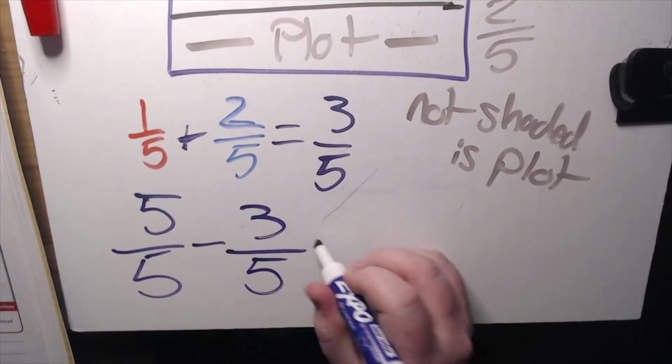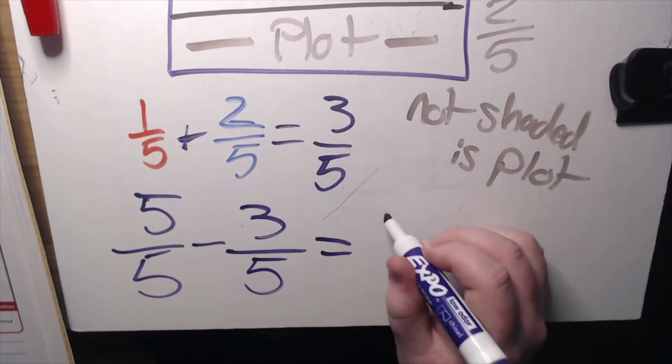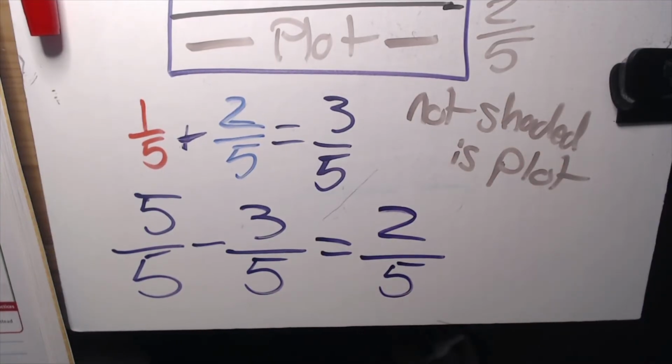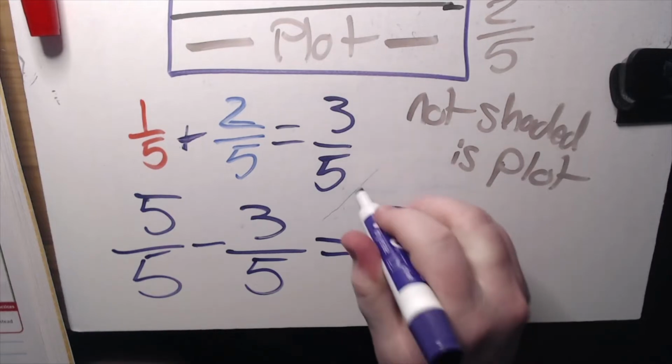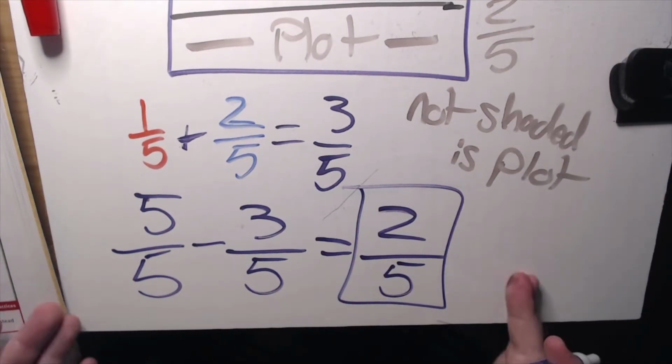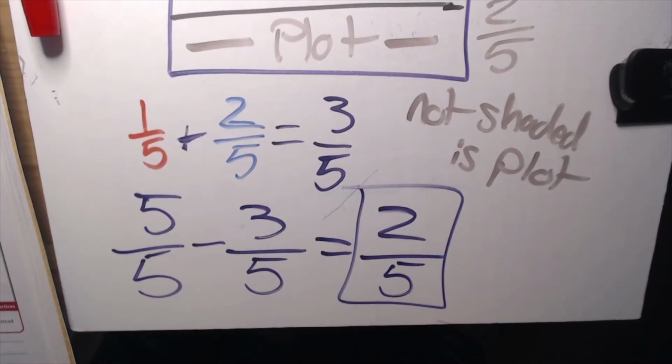So 5 minus 3 is 2. We don't subtract the bottom. We get 2/5. So Julie will use 2/5 of the poster to describe the plot. So just like that, yes, we drew the picture and we already kind of knew from the beginning, but we showed it with the math. We showed our work. We proved our point.